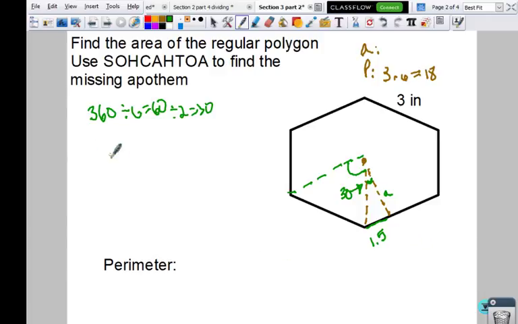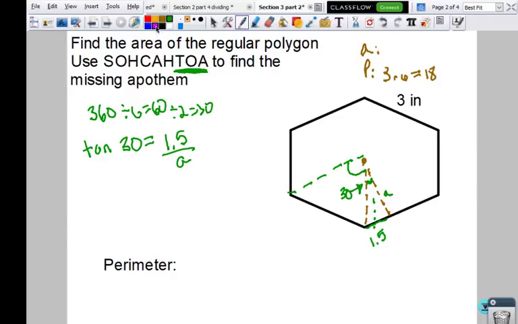So I'm going to say tangent of 30 is going to equal opposite, which is 1.5, over adjacent, which is A. So you're only using tangent today. I give you that much of a hint. And I mean it this time. Last time I said that, I was wrong, but not this time. So we're going to have to use tangent to find apothem.